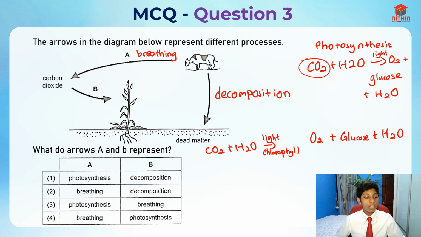Okay? So this is basically the word equation for photosynthesis. So this is something that we have all learned in primary school, right? So I hope you understood this.